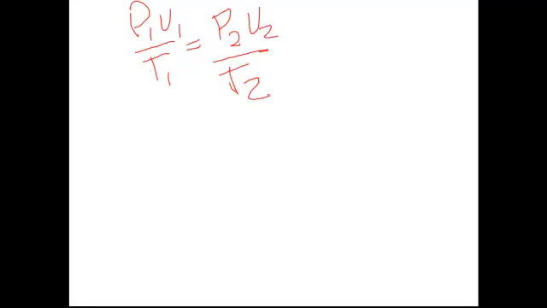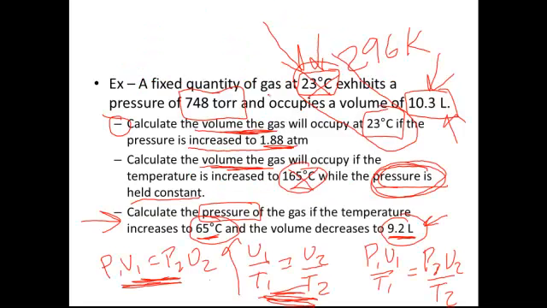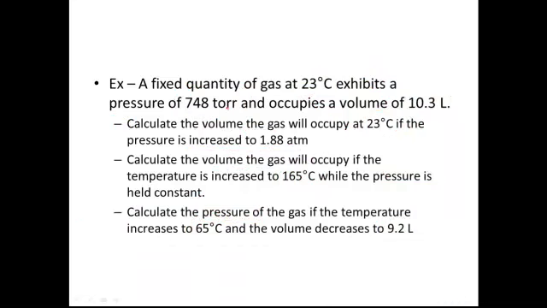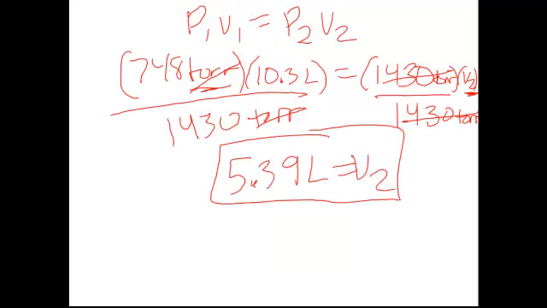So now to be able to solve this problem, we have to know 5 of the 6 variables. Let's make sure that we do. So P1, our initial pressure, was 748 torr. Let me go ahead and erase all this so I can use it again. So our initial pressure, 748 torr, times our initial volume.